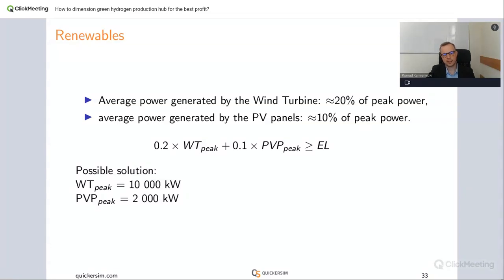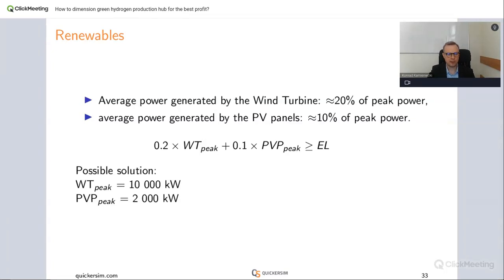So I can set up an easy equation: 20% times peak power of wind turbine plus 10% times peak power of PVs must be greater than electrolyzer needs. And this equation has a lot of solutions. For this example, I pick one possible solution, which is that the wind turbine will be 10 megawatts and the photovoltaic panels will be 2 megawatts. And later on, we will see how changing these numbers will affect the whole installation.